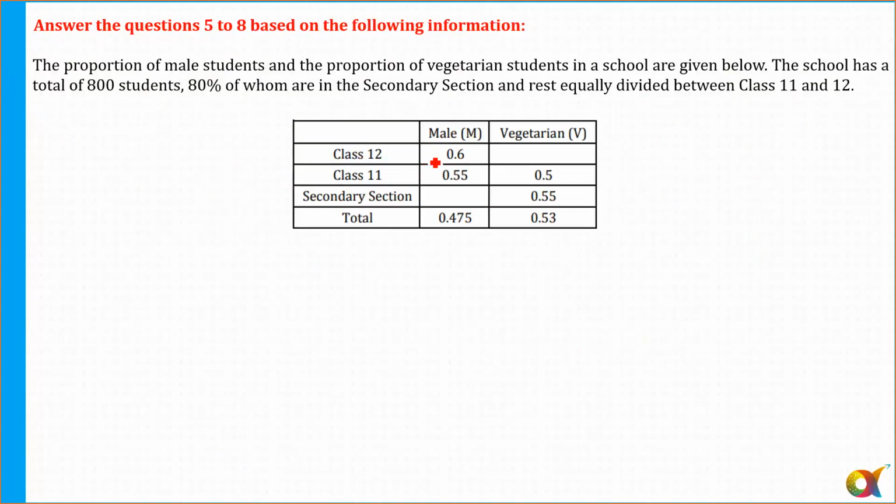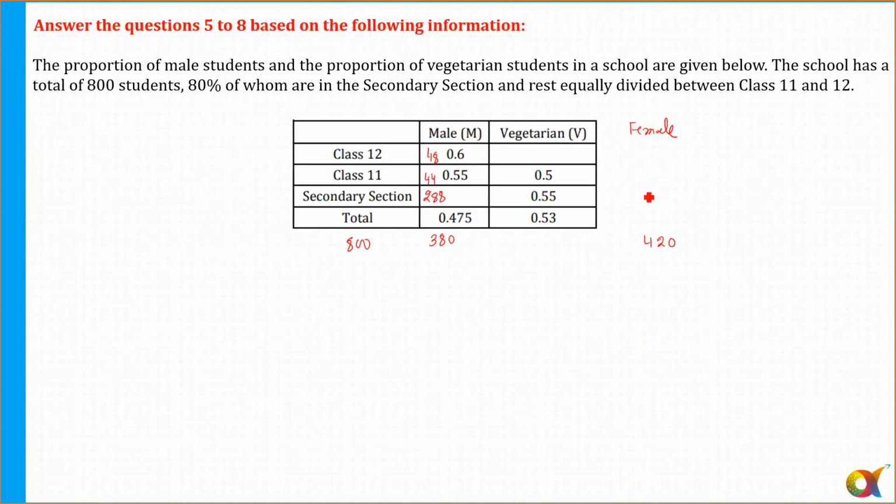So in class 12, the number of male students was 48. In class 11, it is equal to 44. In the secondary section, we have calculated that it is equal to 288, and the total male was equal to 380. Okay. The total number of students is equal to 800. And then female, here it is equal to 420.